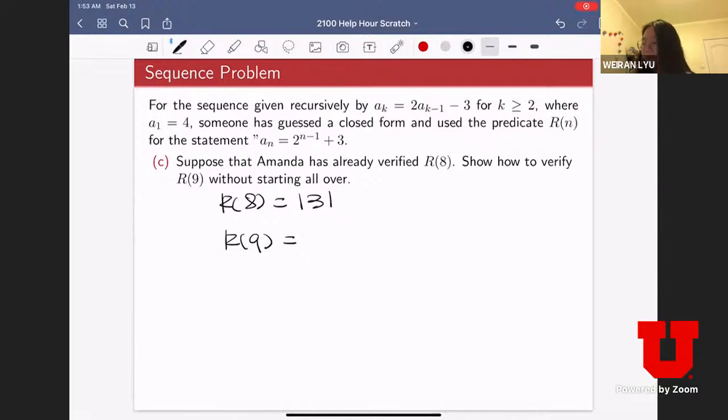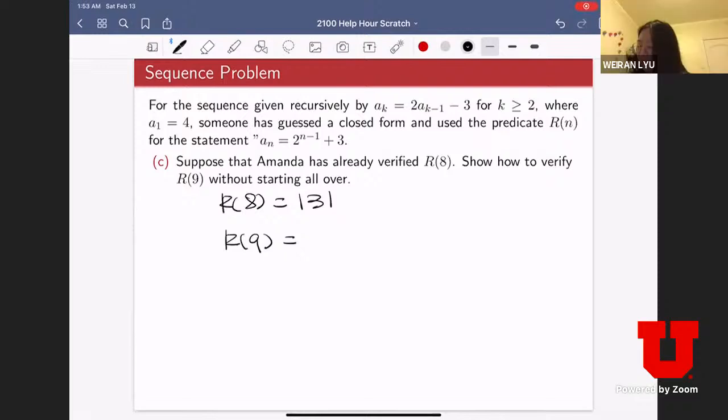All right, is there anyone who wants to share the thought process? How would you verify R9 given R8 has already been verified? Well, I think you just use the recursive formula and plug in the result of a sub 8.